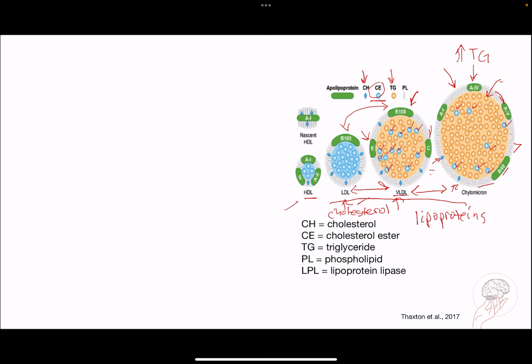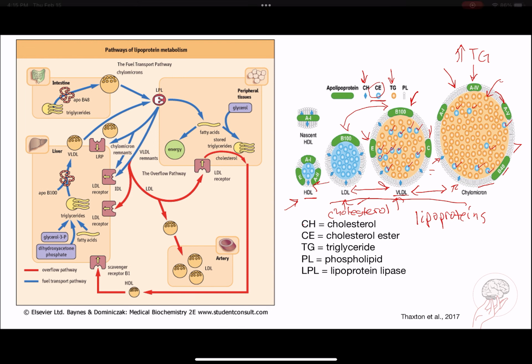The HDL also only has cholesterol in it, but as you can see, it's much smaller, it's more dense, and it actually is picking up cholesterol esters where the LDL is donating cholesterol esters.